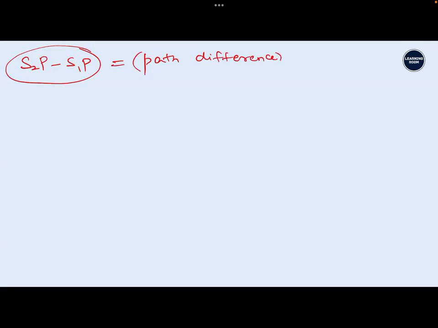Because if you observe the diagram, the ray from S2 has traveled a longer distance compared to the ray from S1. Is it right? So S2P minus S1P, I'll call it the path difference.